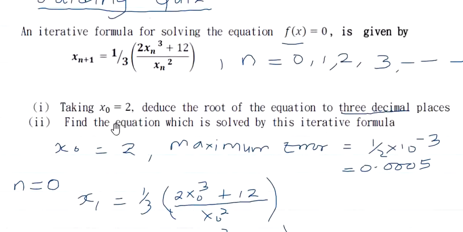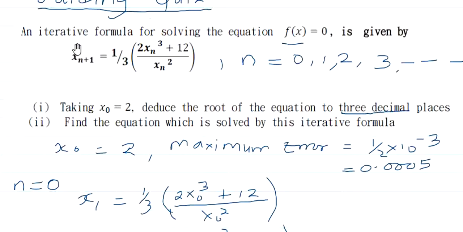Now we are going to part 2, where we find the equation which is being solved by the iterative formula. We know that this is our beta root, but it was previously x, because if we were given f(x) equal to 0, we went ahead and we just made x the subject.